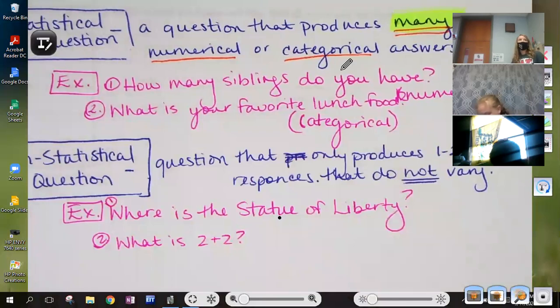So if you're asking a question where there can only be one response, then that is non-statistical, or 1 to 2 responses, okay? Also, yes or no questions are non-statistical. Like, do you like dogs? Yes or no, okay? That's not a statistical question because it's not going to produce a lot of different responses. And true or false would be non-statistical.